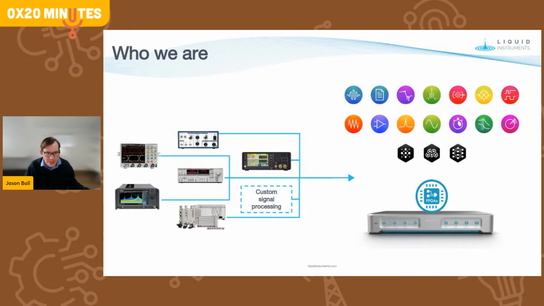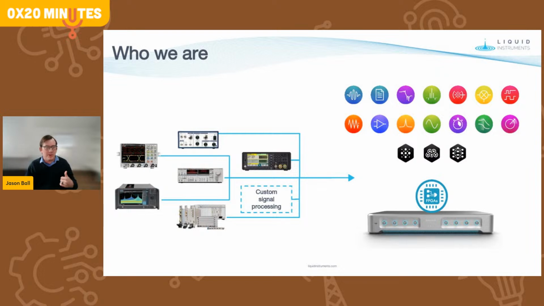So you have an AWG, a waveform generator. Those can typically generate your output. And then on the input side, you've got things like oscilloscope, digitizer, spectrum analyzer. These capture any signal that comes back from your device under test, and you use it to analyze. Now, all of these boxes work just fine individually.